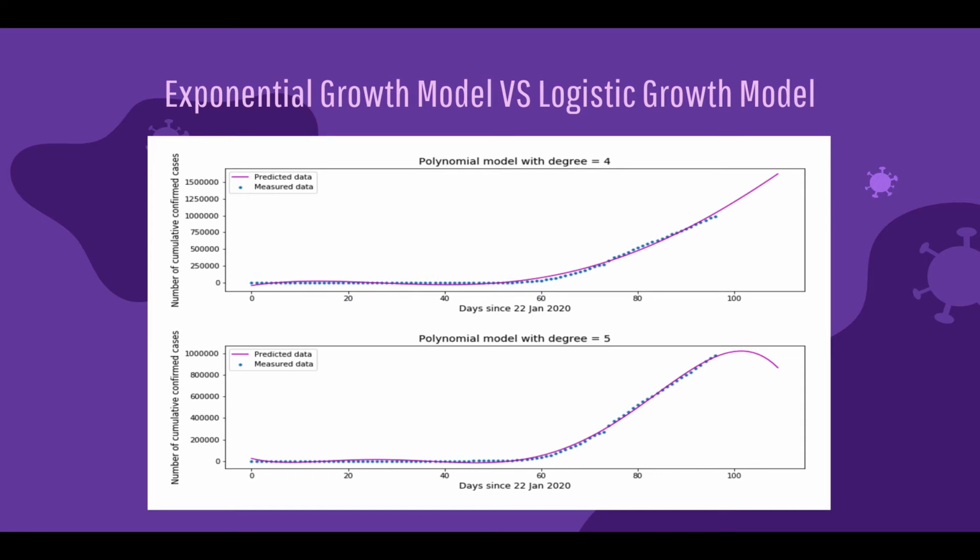But when the degree is larger than 4, the curve starts going down, which doesn't make any sense because the y-axis is cumulative confirmed cases. There's no way for that to go down.